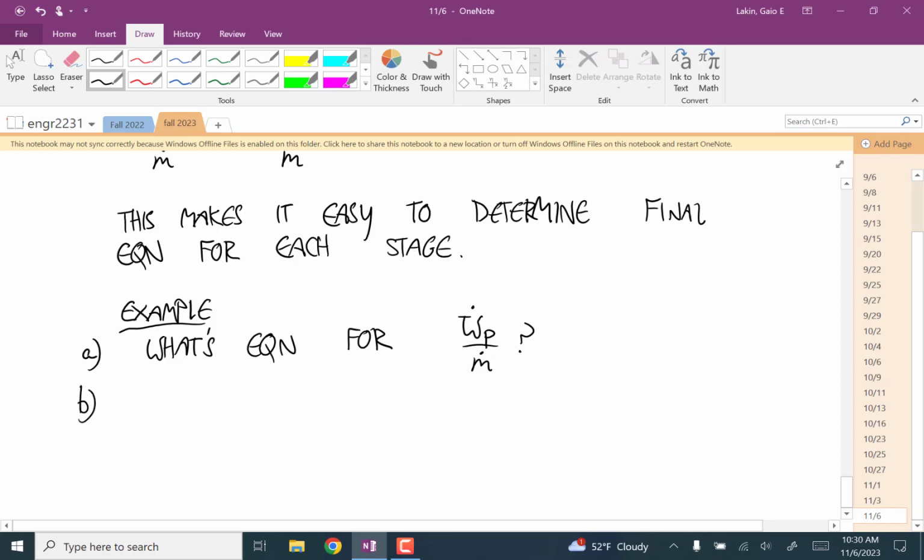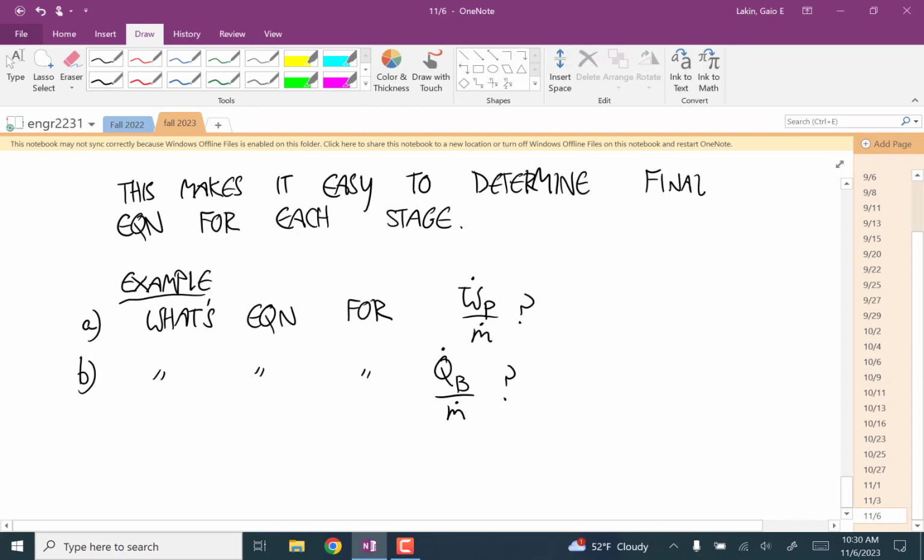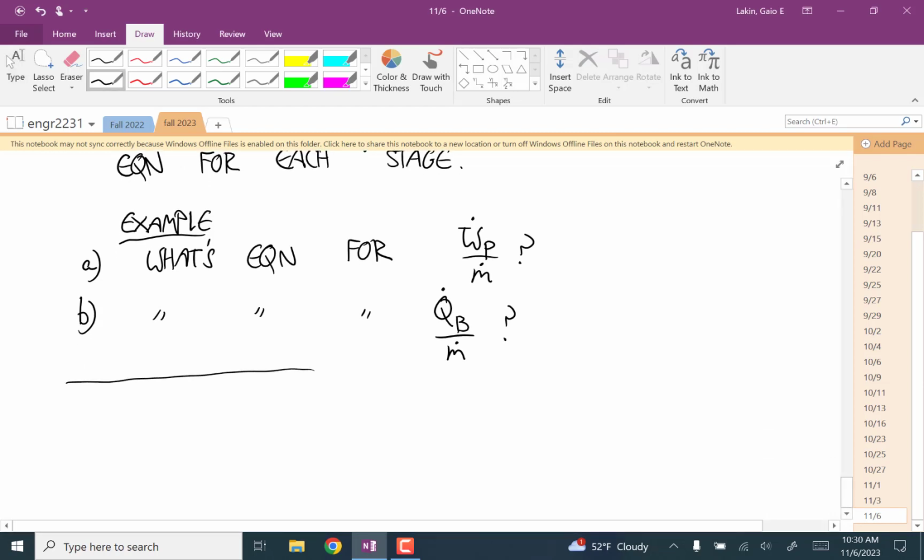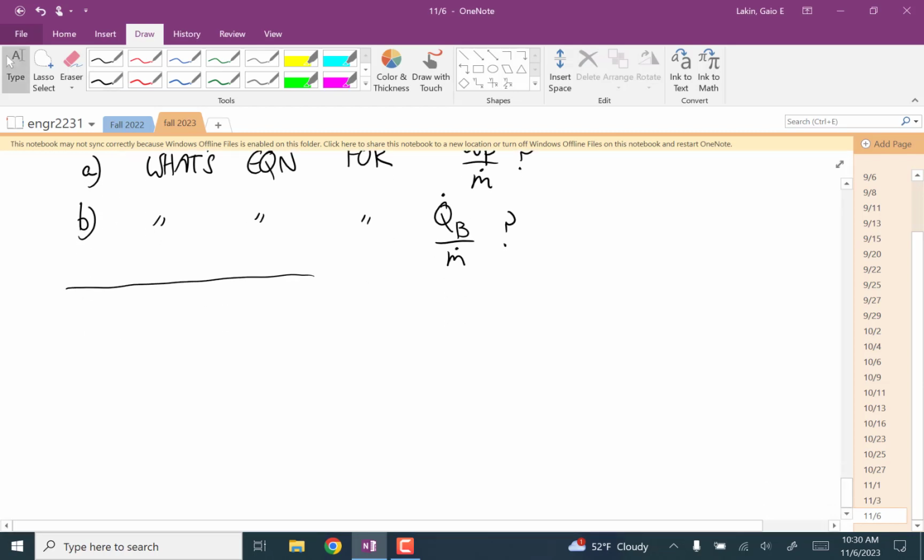And second, what's the equation for the heat at the boiler divided by m dot? Well, first let's think about this. I'm going to represent the whole cycle on a temperature entropy diagram.